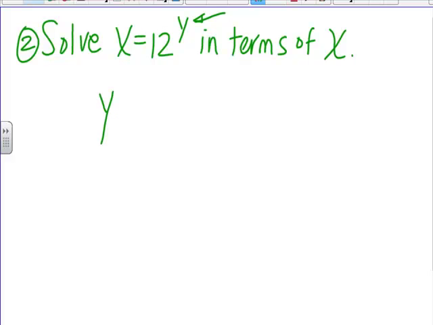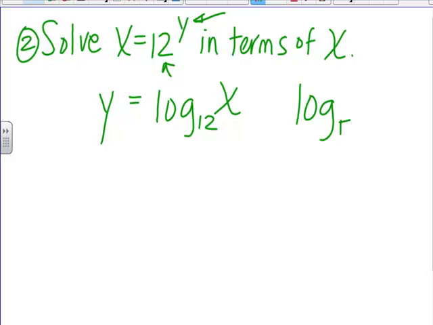So y is an exponent, so y is a logarithm. I take a look here, I say my base is 12 and my x goes into this position. So basically you notice that you're really just filling 2 positions, this base position and then this position right here.